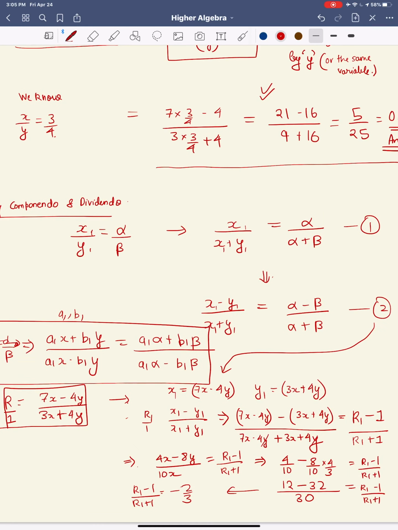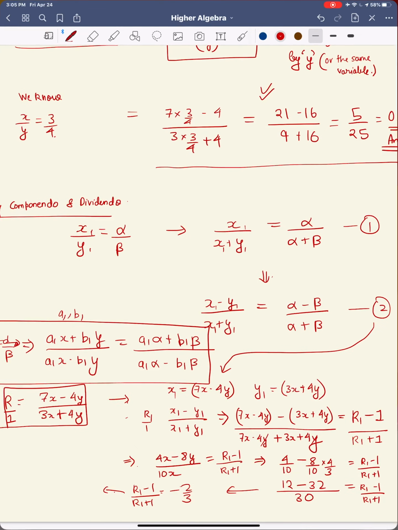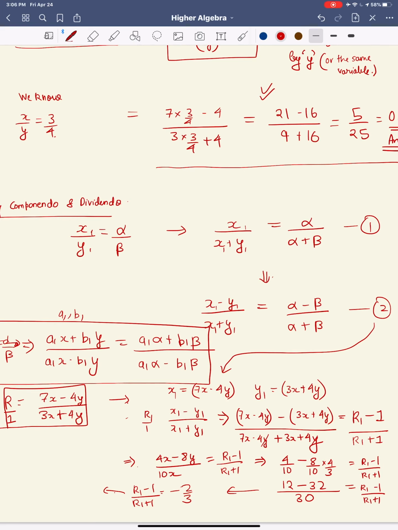So we can take the componendo and dividendo again here. So we add the numerators, right, and subtract the denominator.